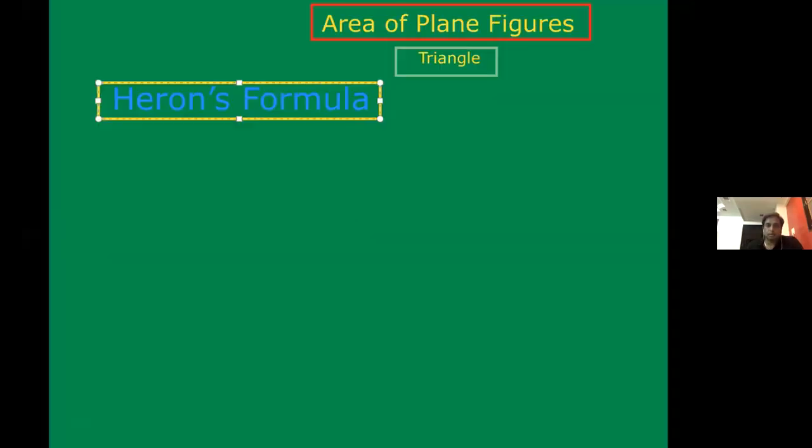Now we'll talk about Heron's formula. What is Heron's formula? It says how to find the area of any triangle. It can be any triangle, like an equilateral triangle or an isosceles triangle.